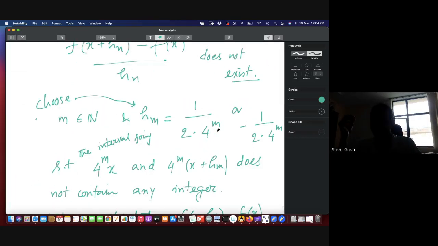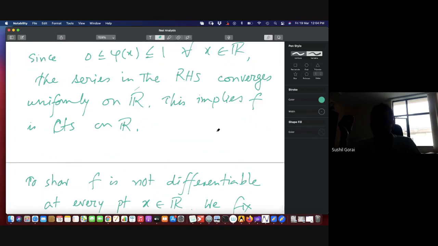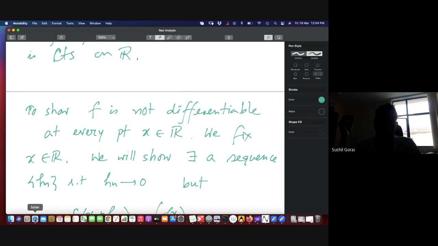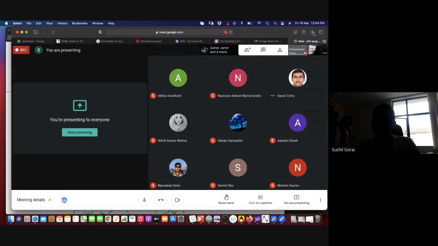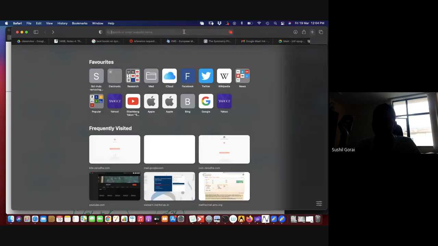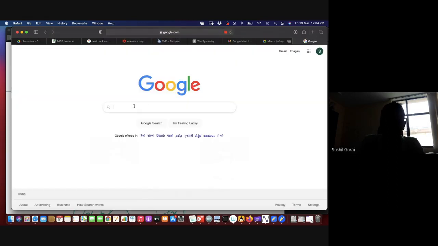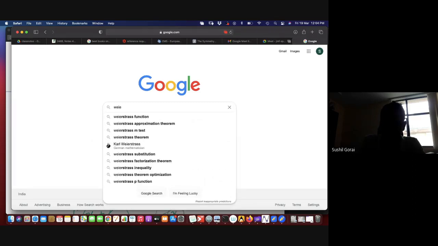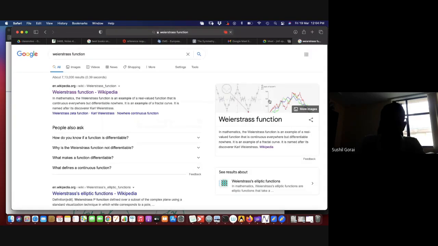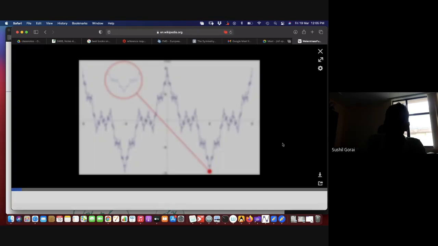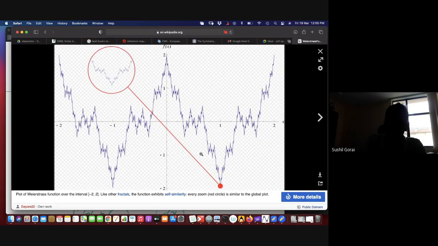Yeah, and if you go to the Wikipedia page, you will see how the function looks. So let me search and show it to you. A nice animation is there. So, yeah, this one. Right, it's something like that.